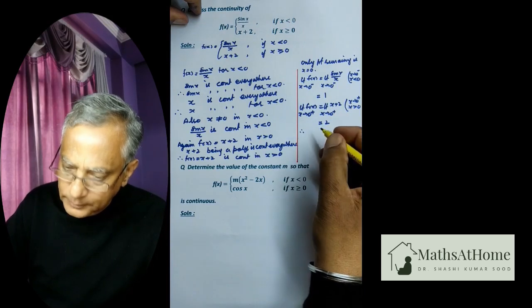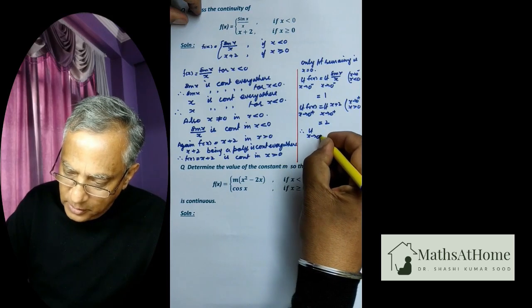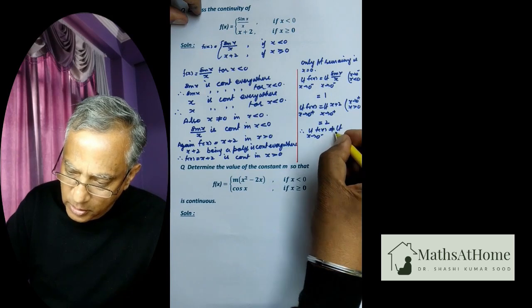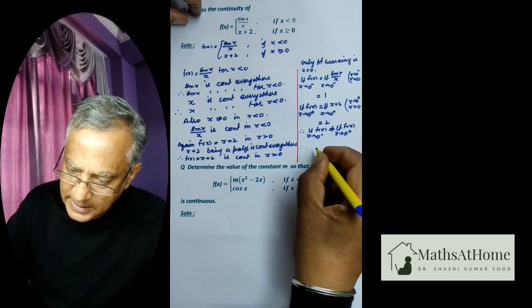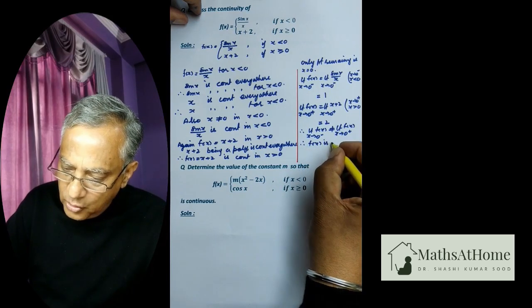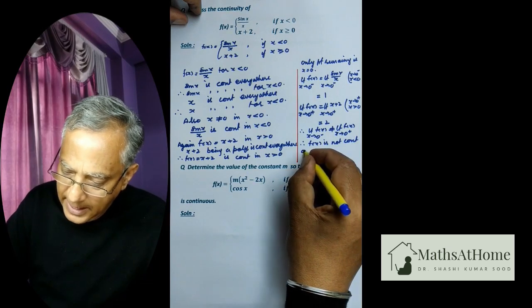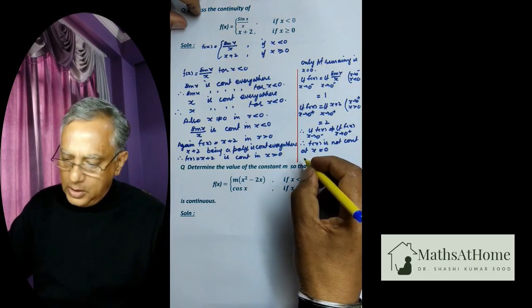Therefore, limit x approaches 0 from negative side f(x) is not equal to limit x approaches 0 from positive side f(x), and therefore f(x) is not continuous at x equal to 0.